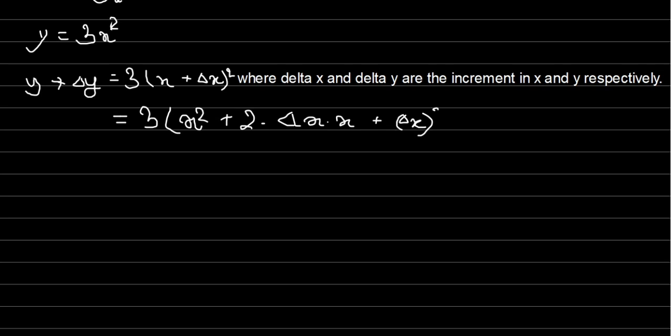Multiplying by 3, this becomes 3x square plus 6 times delta x times x plus 3 del x whole square.